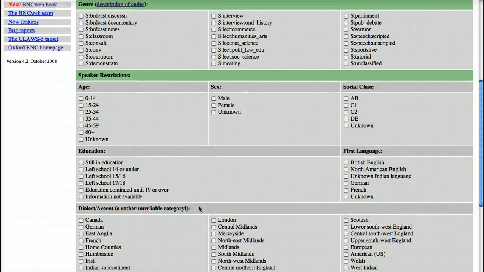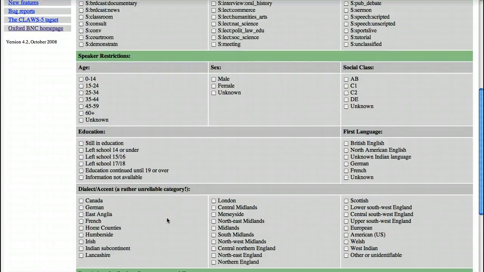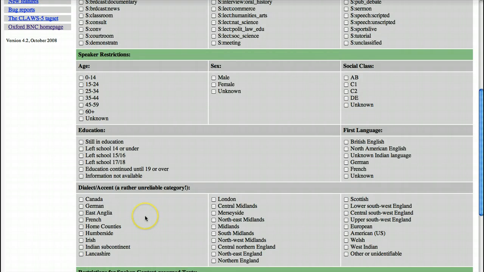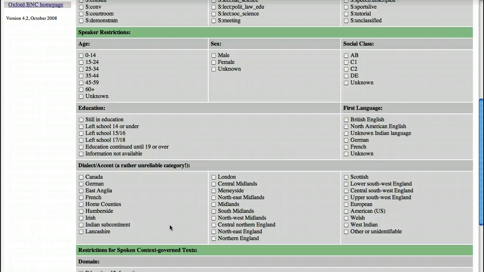And we move on here to the speaker restrictions, which would be according to age, sex, social class, education, dialect, accent. You'll note here that they've put this, as mentioned in the unit, in fact, this is a very unreliable category, the dialect or accent.